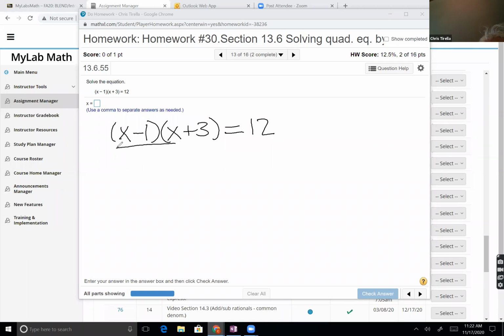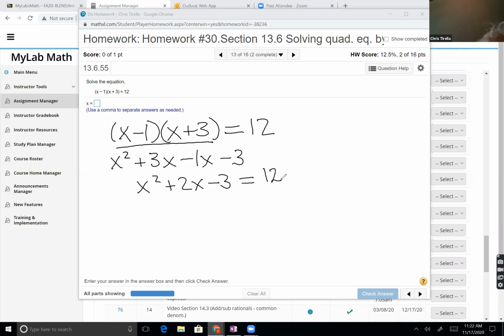We need to first multiply this out, x squared, outer plus 3x, inner minus 1x, last minus 3, to get x squared plus 2x minus 3 equals 12.